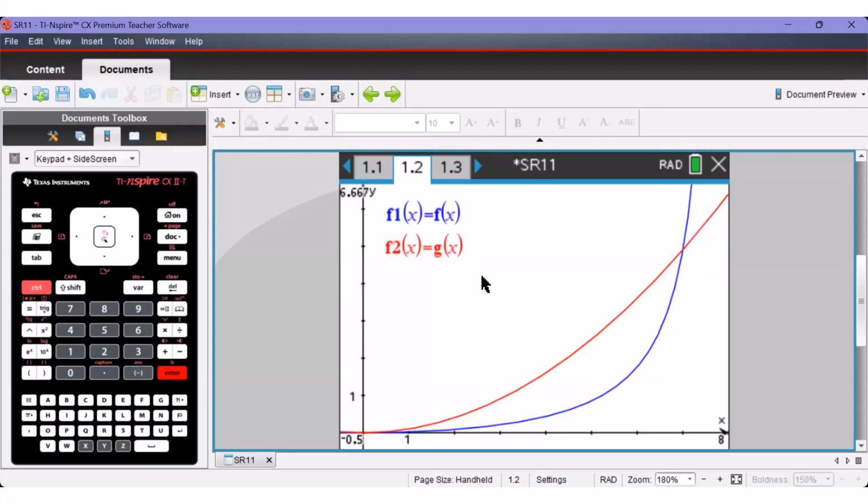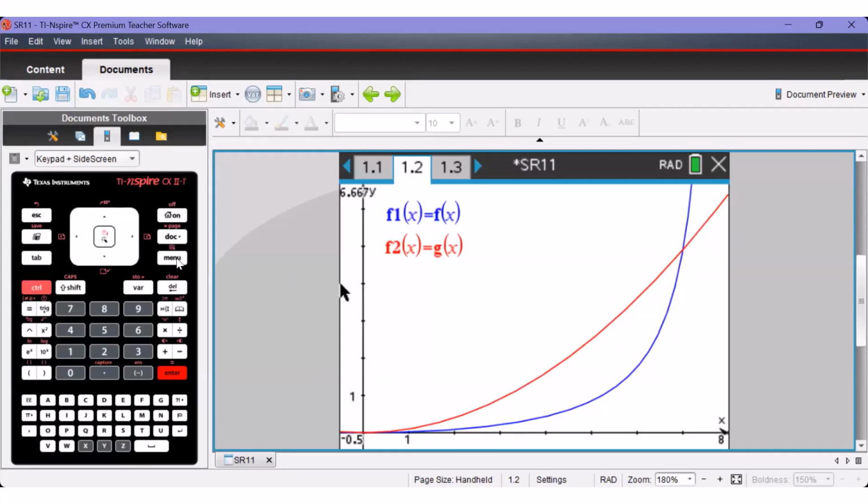Okay, so there are two ways we can do that. When there are multiple intersection points, I like to go into geometry, points and lines, and intersection points, rather than going into analyze graph and then setting up a lower bound and an upper bound and obtaining an intersection point one at a time.